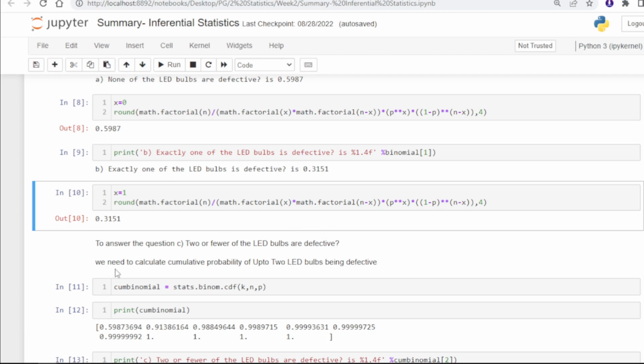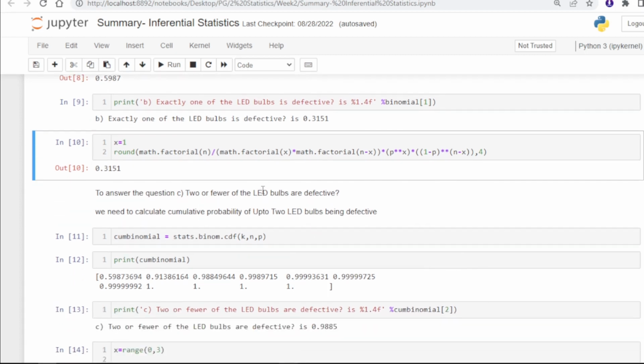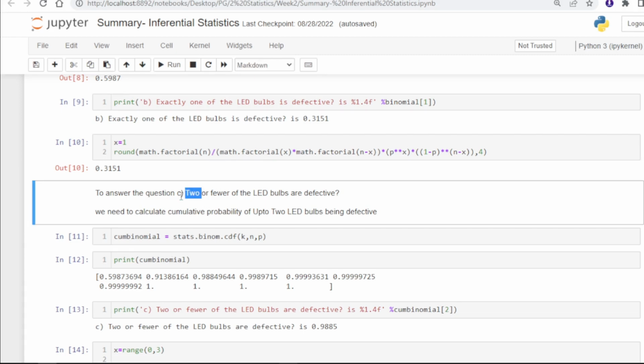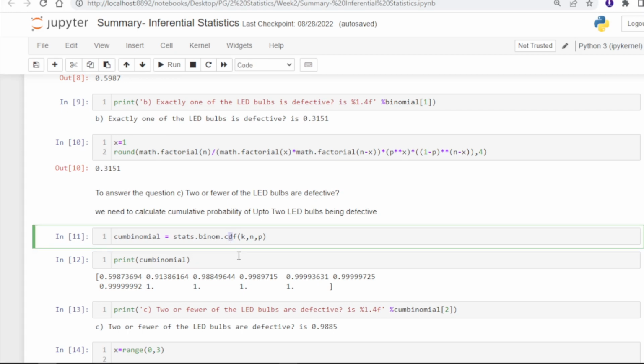Now to answer question C, 2 or fewer of the LED bulbs are defective. So here what we need is the cumulative probability, right? Because we need cumulative probability up to 2, to know whether up to 2 bulbs are defective or not. Now if we get that cumulative function, we call the CDF, cumulative distribution function, passing k and p.